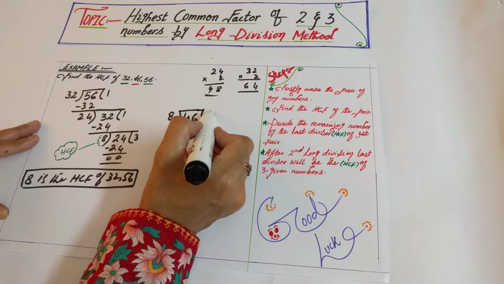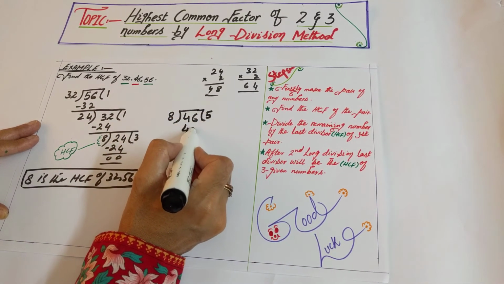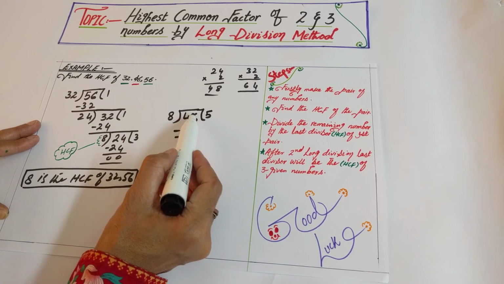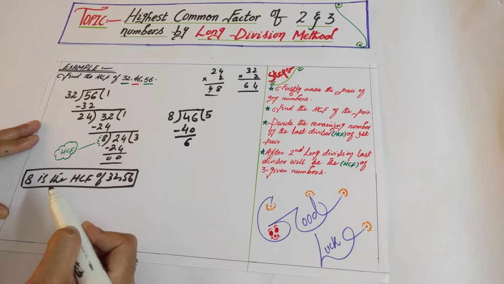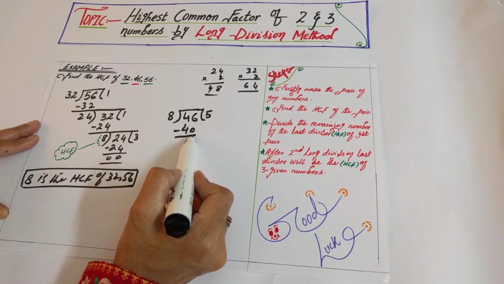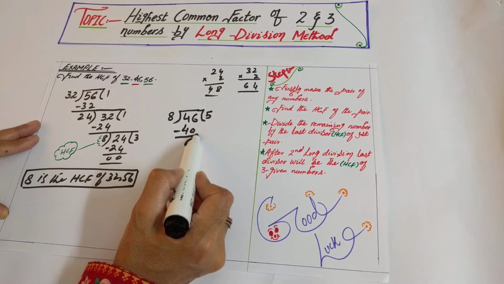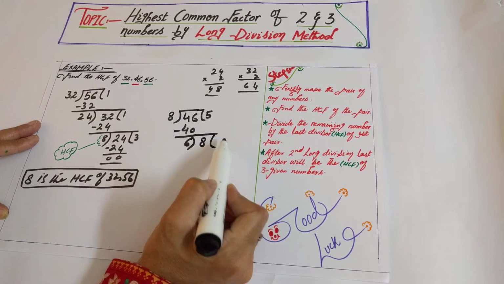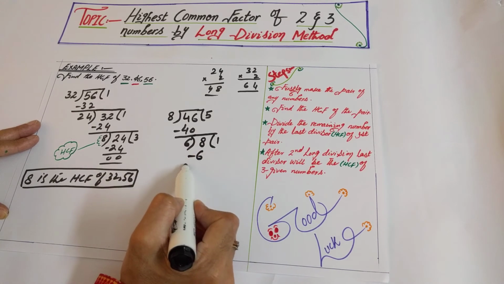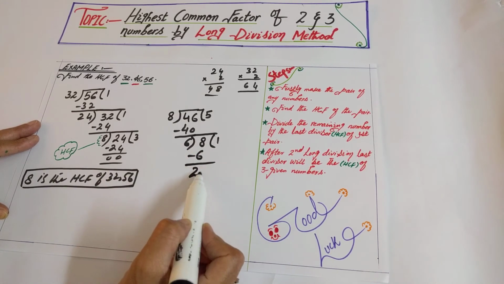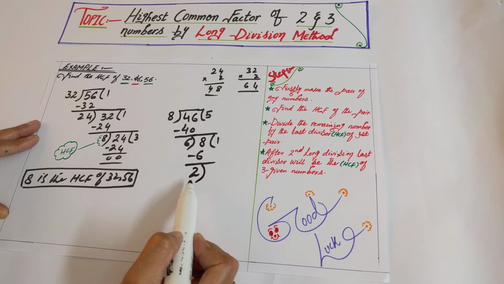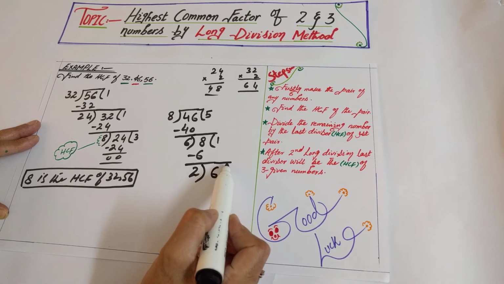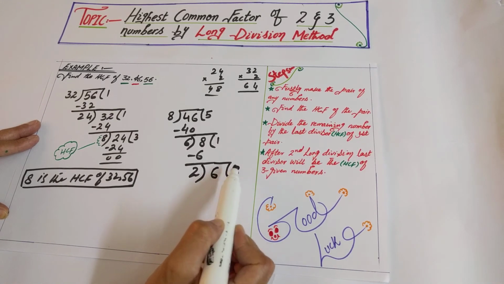8 5s are 40, because 8 6s are 48 and 48 is greater. 6 minus 0 is 6. Again the remainder will be the divisor and the previous divisor will be the dividend. 6 ones are 6. 8 minus 6 is 2. Again the remainder 2 will be the divisor and the previous divisor will be the dividend. 2 3s are 6.